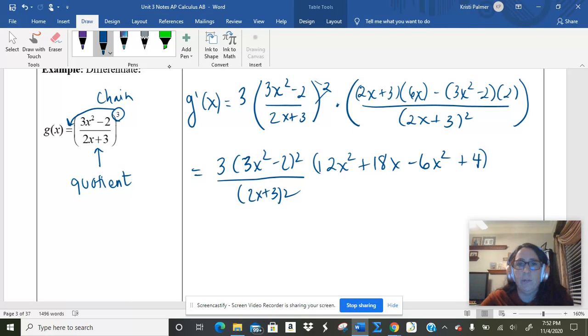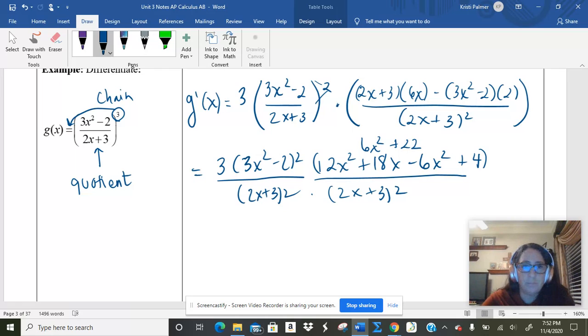And then I still have over here 2x plus 3 squared. So this inside, it looks like it's going to go to 6x squared plus 22. So I could take a 2 out from there. So that would be a 6 there.